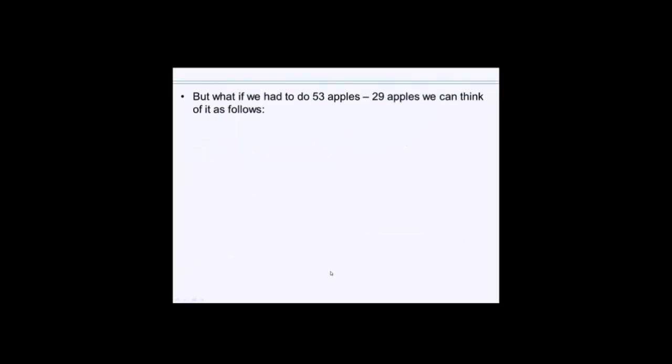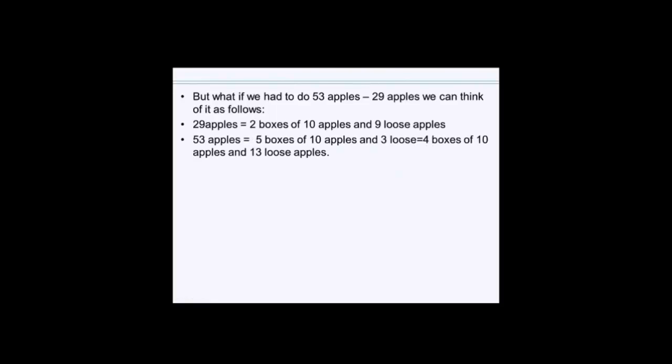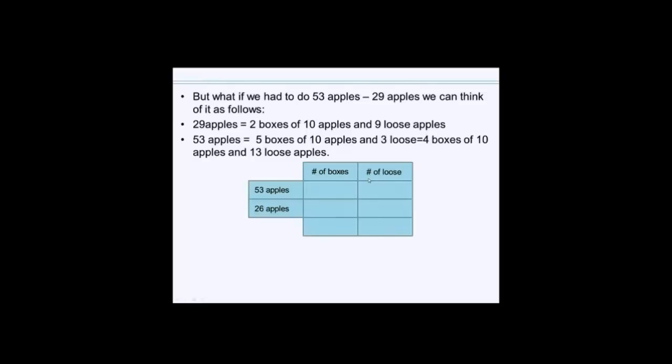But now what if I gave you 53 apples minus 29 apples? In the same process as we did before, we have 9 loose apples, but in 53 we only have 3 loose apples. So in order to do the subtraction, we're going to have to take the 5 boxes and break them into 4 boxes and open one box and make 13 loose apples, 10 from the one box plus 3 here.